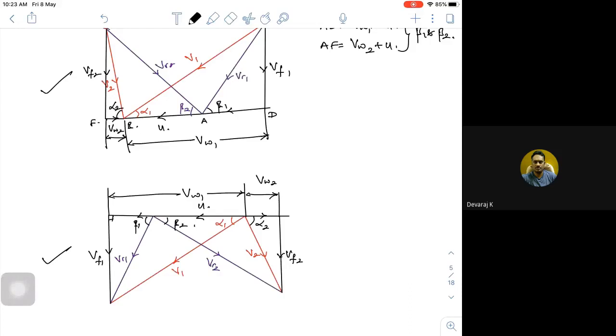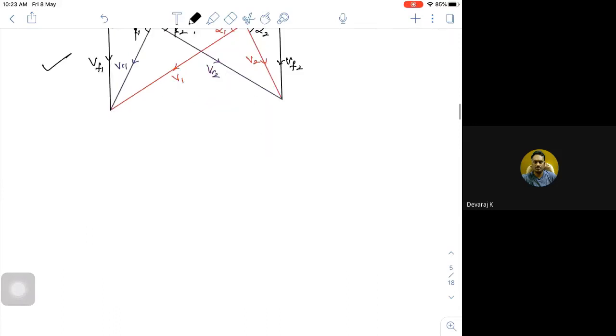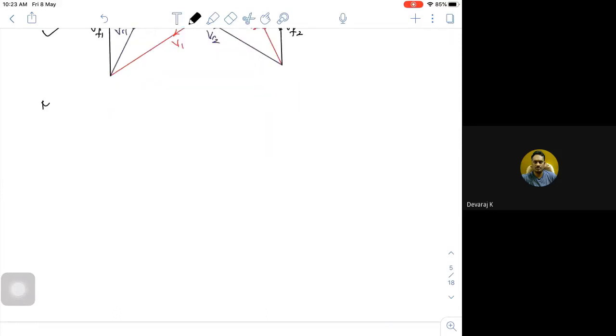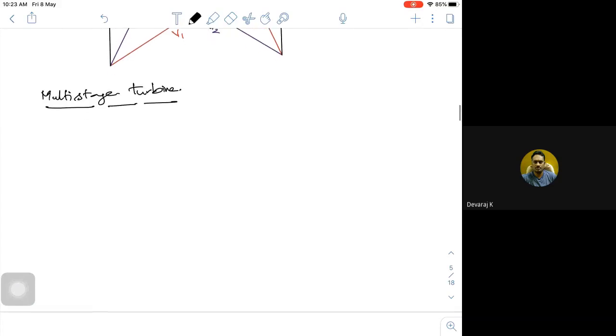Okay. If I am going for a multi-stage turbine, let me draw for 2 stages. The same thing can be used for 3 stages. Suppose I have the first stage, it's something like this. So this is the first stage triangle.